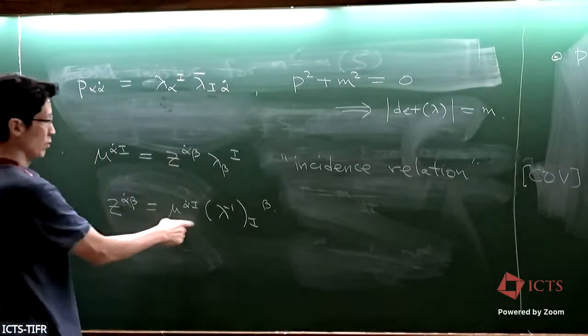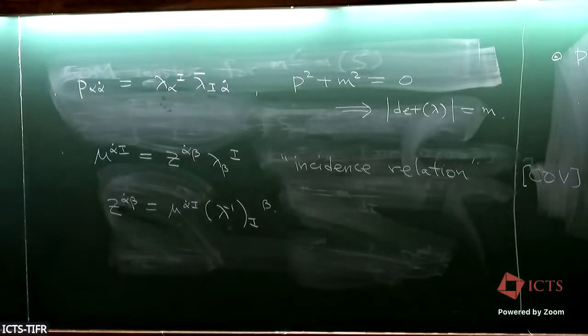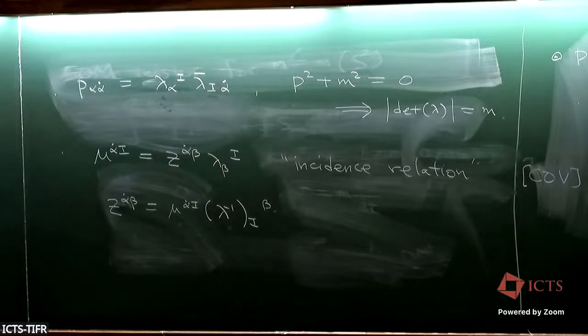So these mu's and lambdas are complex variables. So this z is also a complex variable. Then what are the interpretations?